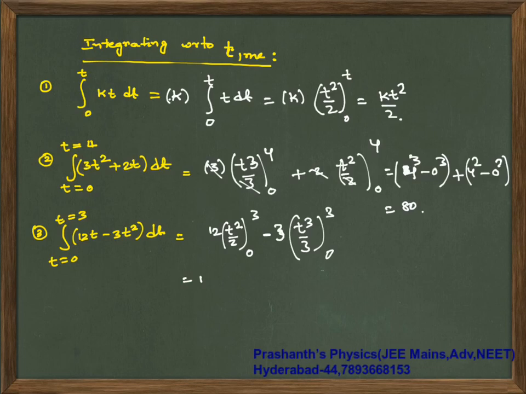So that will give you 12 by 2 is 6 times 3 square minus 0, 3 will go off, so you will get minus of 3 cube minus 0. So simplify, whatever you get, that is the answer.